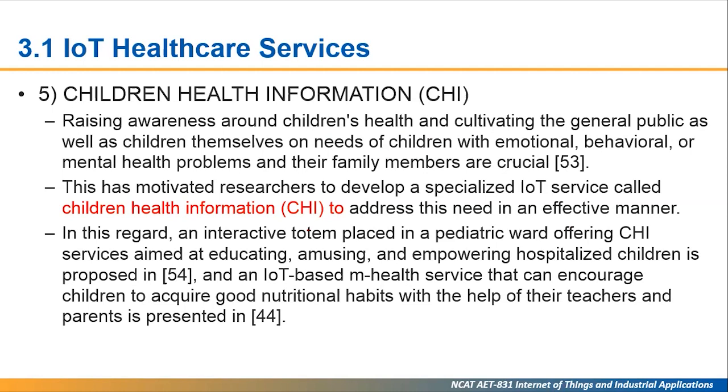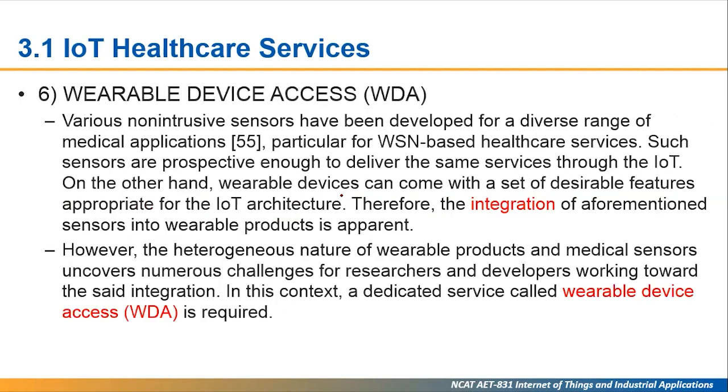In this regard, an interactive totem placed in a pediatric ward offering CHI service aimed at educating, amusing, and empowering hospitalized children is proposed in the literature. And then IoT-based health services that can encourage children to acquire good nutrition habits with the help of their teachers and patients is also presented in the literature.